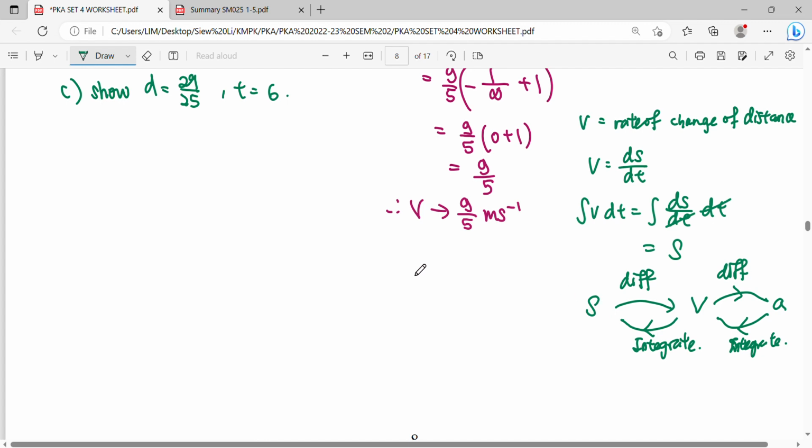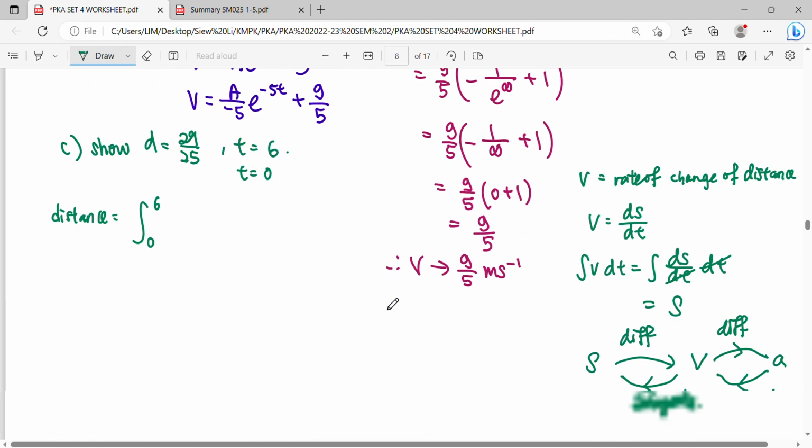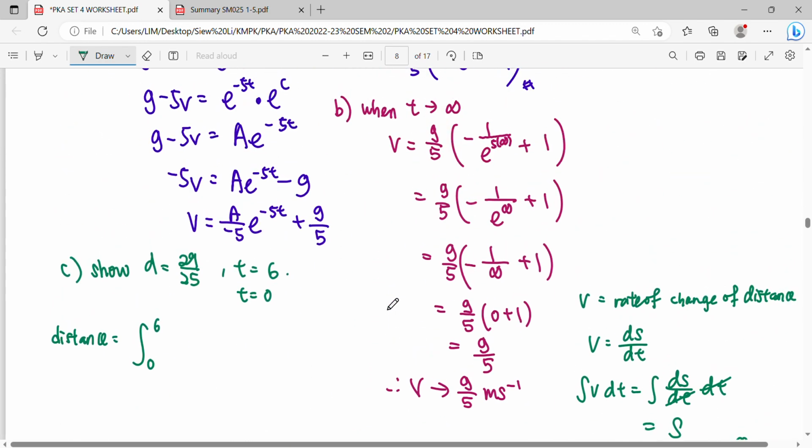Okay. So how many seconds do you want? 6 seconds, means from beginning 0 until 6 in order to find distance. We're going to integrate from 0 until 6 because it said in the time of 6 seconds. So integrate this one. Where is our equation?